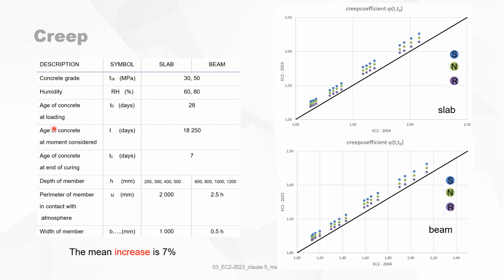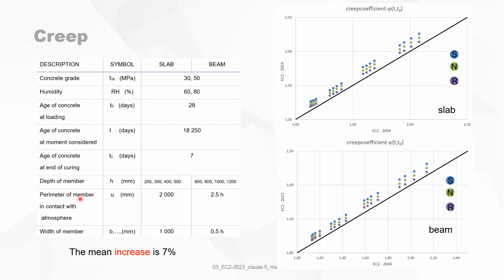The age of concrete at loading, we will take 28 days, which is the most normal case. And the age of concrete at the moment considered, when we are calculating the creep coefficient, we have taken in this example 50 years, expressed in days. And the age of concrete at the end of curing, we take 7 days.